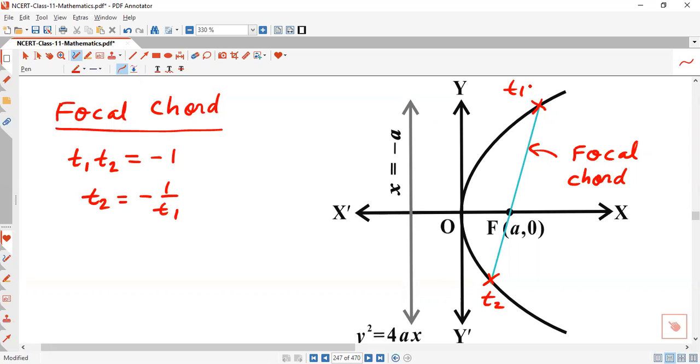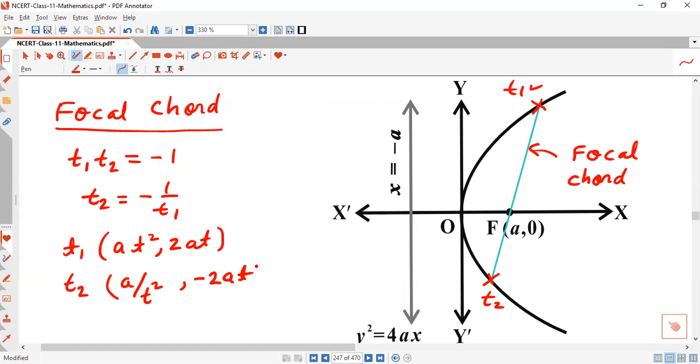So if the coordinate of t1 is (at square, 2at), then the coordinate of t2 will be (a upon t square, minus 2a upon t).